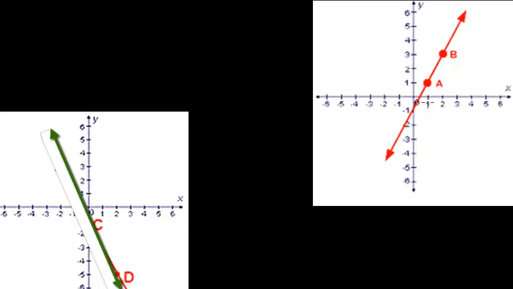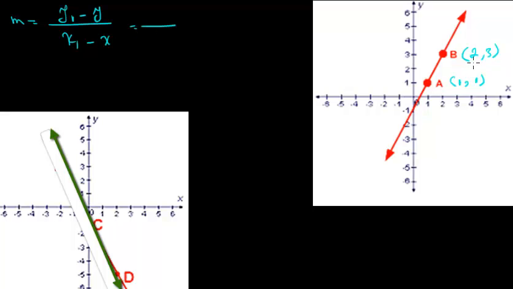Now, on this graph, we have a line with 2 points marked. We can write the coordinates for both points. At this point, x is 1 and y is 1. The second coordinate is when x is 2 and y is 3. Now we have our coordinates on the graph. So the slope here is y1 minus y over x1 minus x.